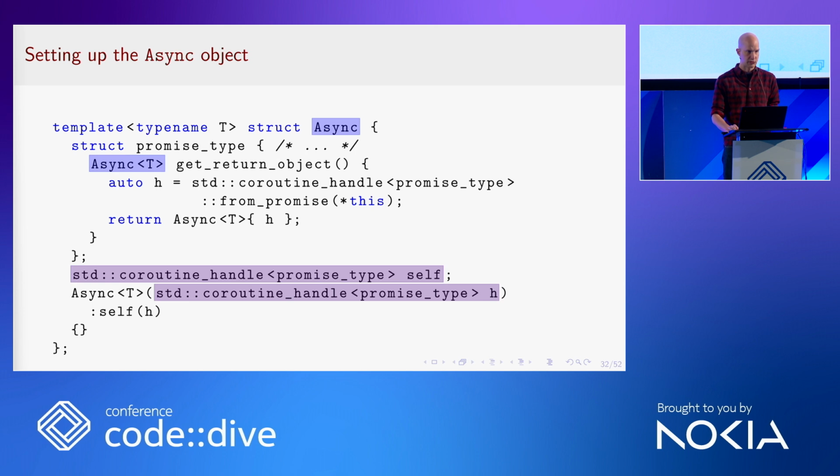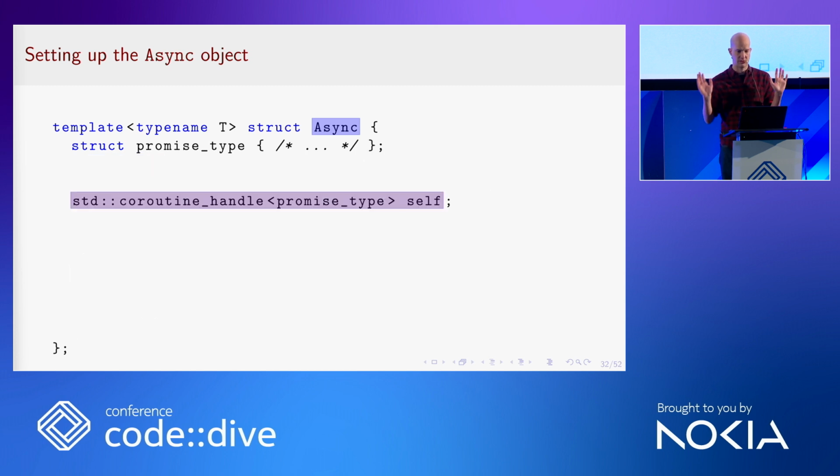And that's really all that's going on here, right? So this constructor will get invoked through the promise by a mechanism that is largely driven by the language. You don't need any user code to end up in this constructor, and you will get passed by that language mechanism this handle, and we then just store it away in the return type, and then it just lives in there. That's all that we do, right? Nothing more happens here.